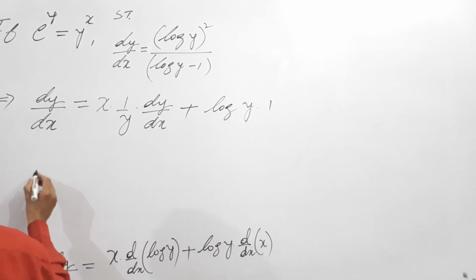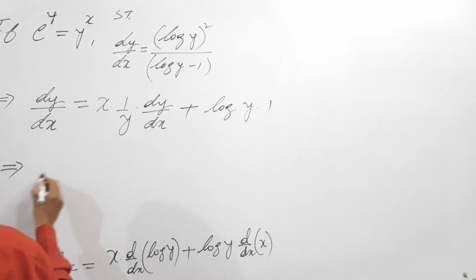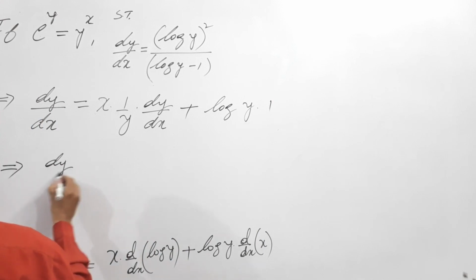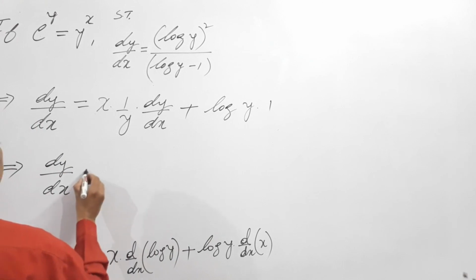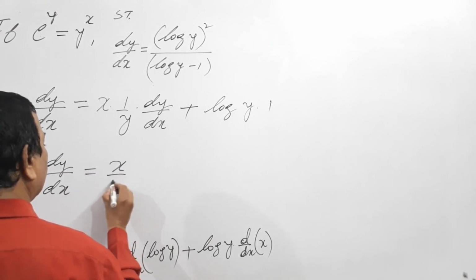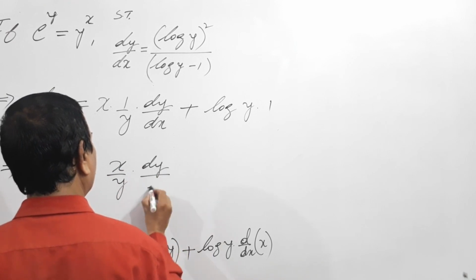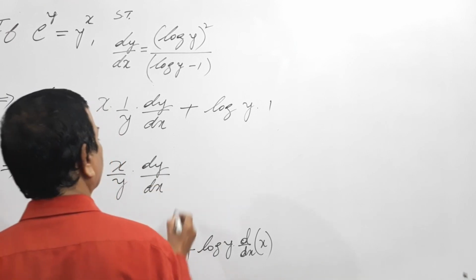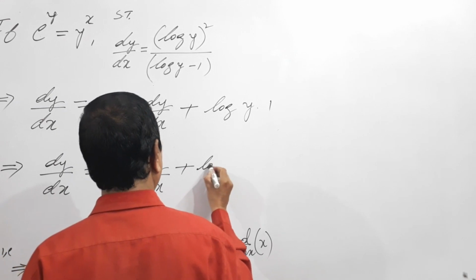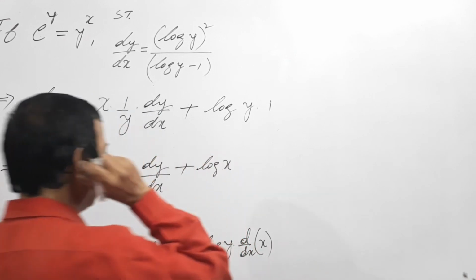So what happens here? That is dy by dx equals to x by y dy by dx plus log y.